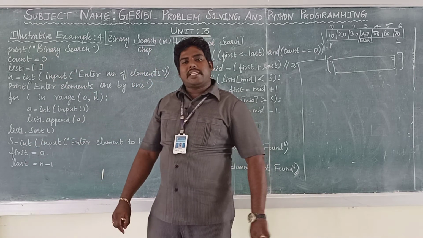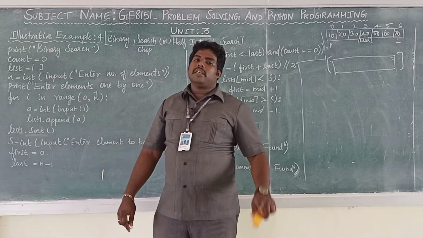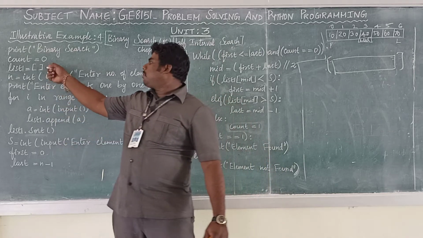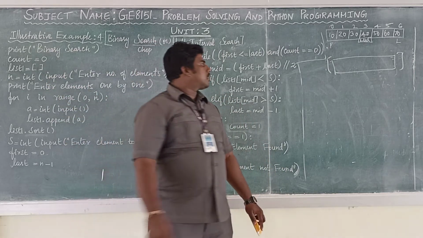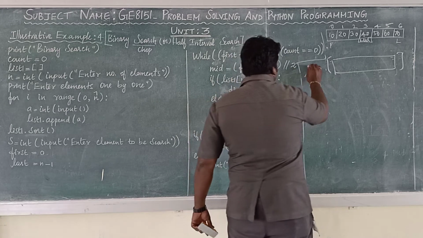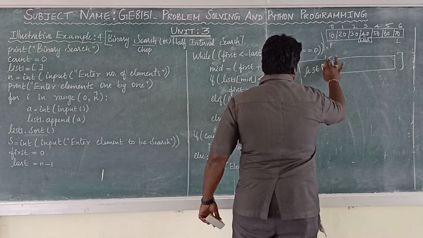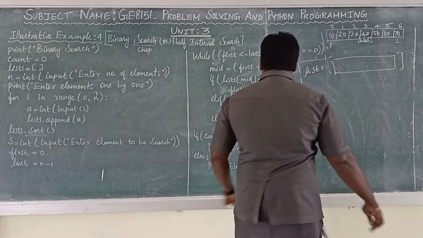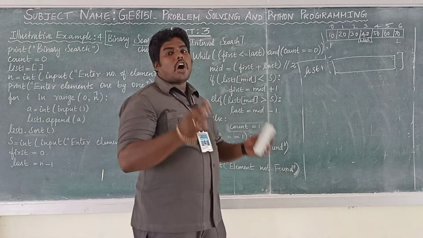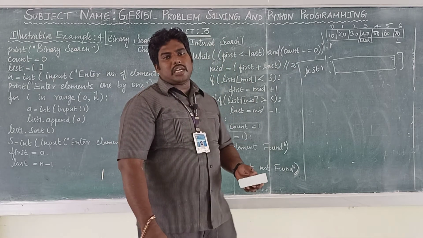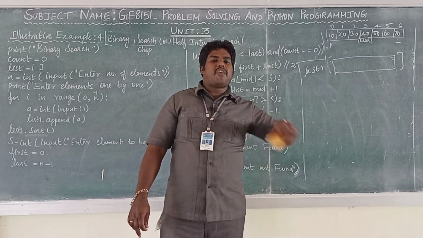Then I am going to get the list in runtime or dynamically. So I am creating the empty list. What's the list name? List 1. Okay. What's the next step? I want to fix how many elements are present in the list. For that, n number of elements.